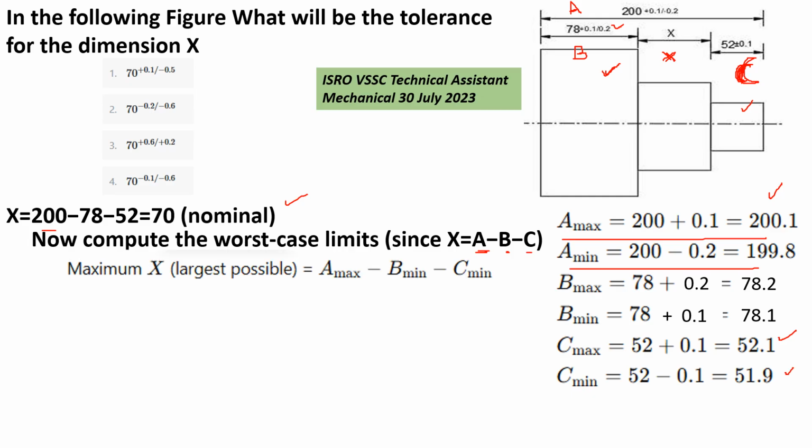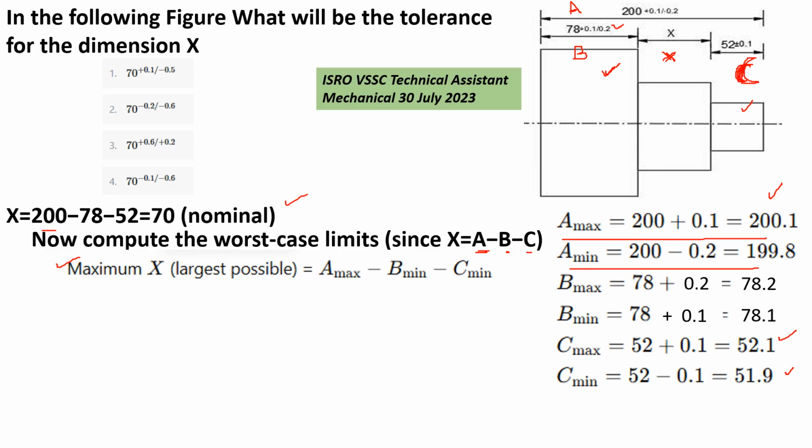So now we have to determine the maximum size for the X part. Let's consider maximum X, that is the largest possible. When the largest value is possible, A max minus B minimum minus C minimum, then only we will get the maximum dimensions.